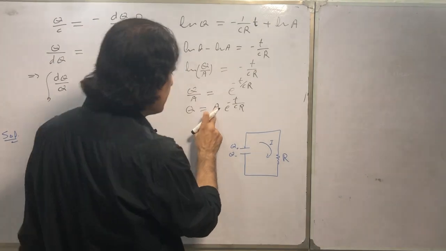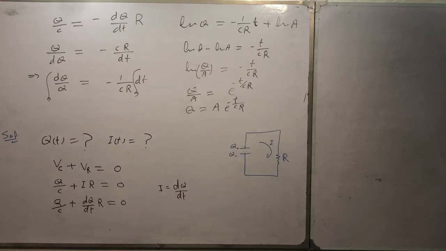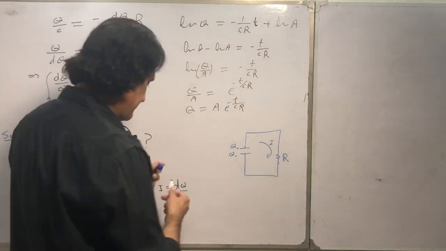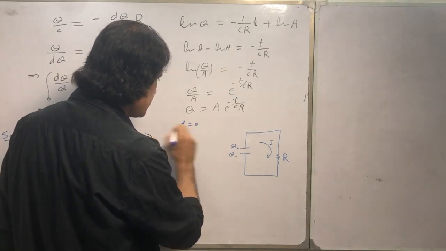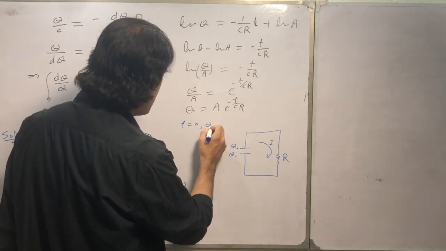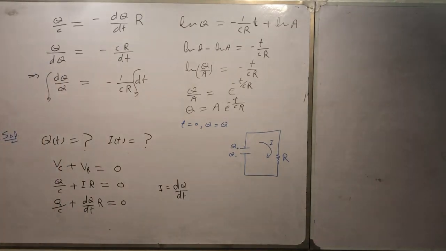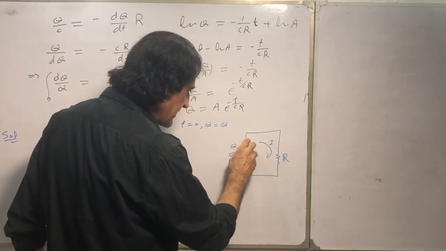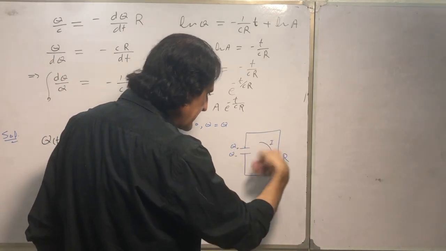Now we are looking for this a, the constant of integration. We need to use the initial condition. The initial condition is that at time t equal to 0, the charge is equal to q naught. This is the condition because initially the charge on this capacitor is q, and when it is connected with r, it begins to discharge.